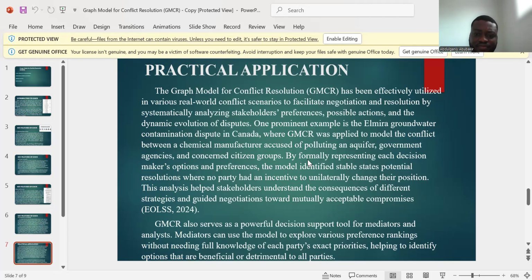By formally representing the decisions made by the decision makers and their preferences, they identify stable states. They brought solutions where no one had recourse to change their positions.